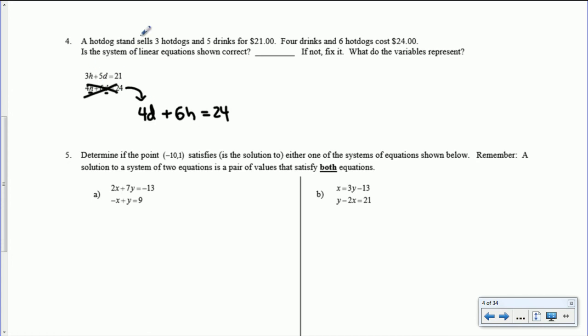This one seems fine, right? 3 hot dogs, 5 drinks, as long as we let H be the hot dog price and D be the drink price. So there we go. What do the variables represent? H is the price of hot dogs, and D is the price of drinks.